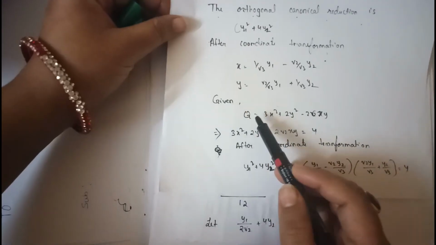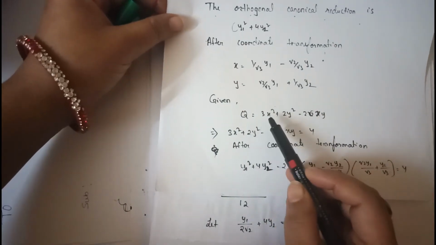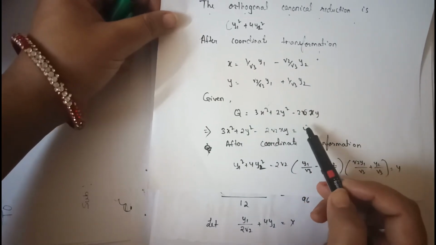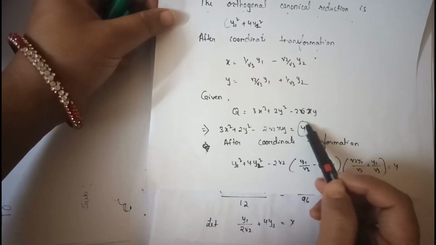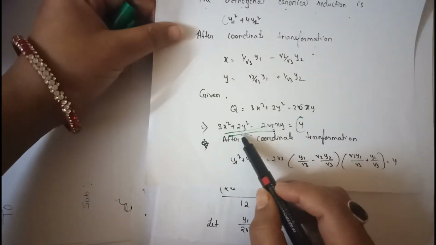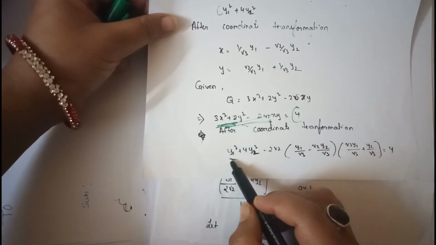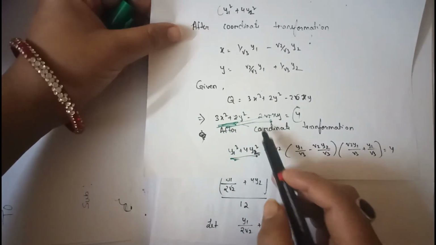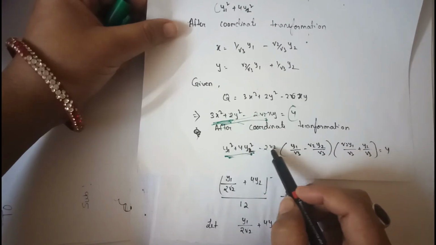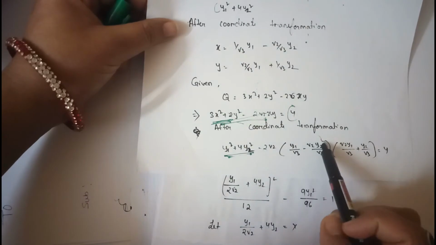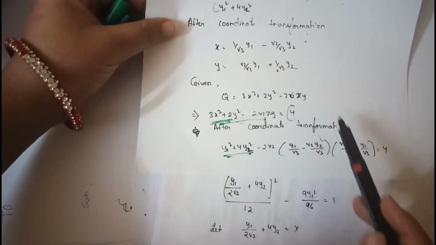Look, given Q equals this much, so 3x square plus 2y square minus 2 root 2 xy, when it changes into 4, these all will get changed. Now I wrote this in canonical form, right? And minus 2 root 2, what is the value of x after coordinate transformation? This much, and in place of y this much.